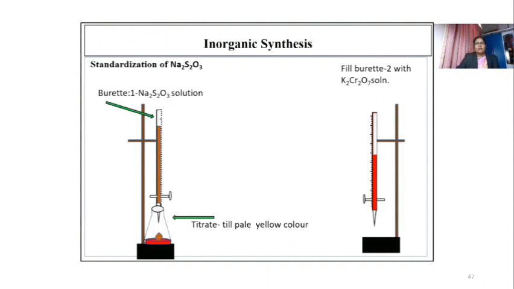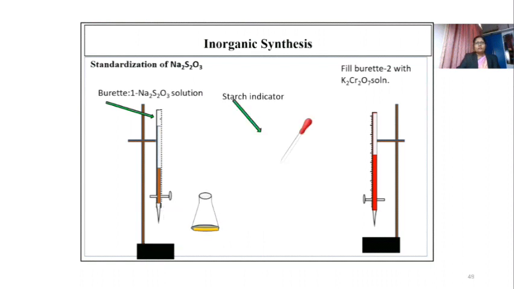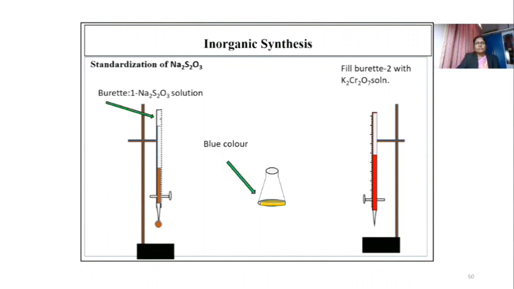Here we have to titrate the liberated iodine with the sodium thiosulfate solution from the burette number 1 till the pale yellow color appears to the solution. At this stage, add 1 to 2 ml starch as an indicator. The color of the solution will change to dark blue.